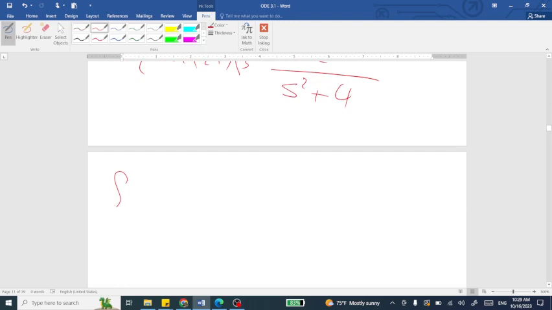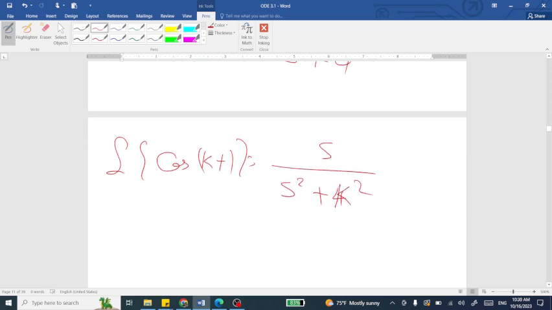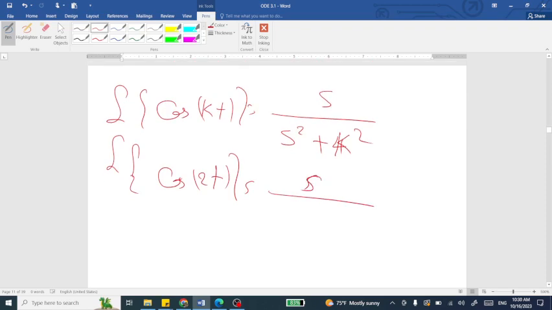How about cosine? The Laplace of cosine kt: the rule is s over s squared plus k squared. For cosine 2t, it is s over s squared plus 4. Sine and cosine are the same, with a small difference.